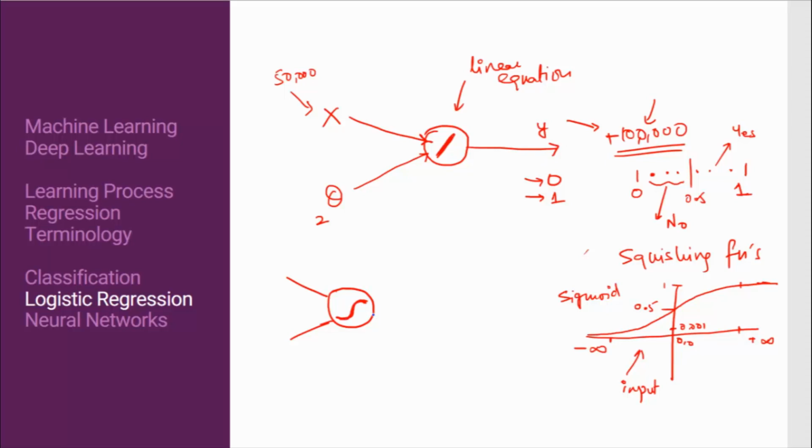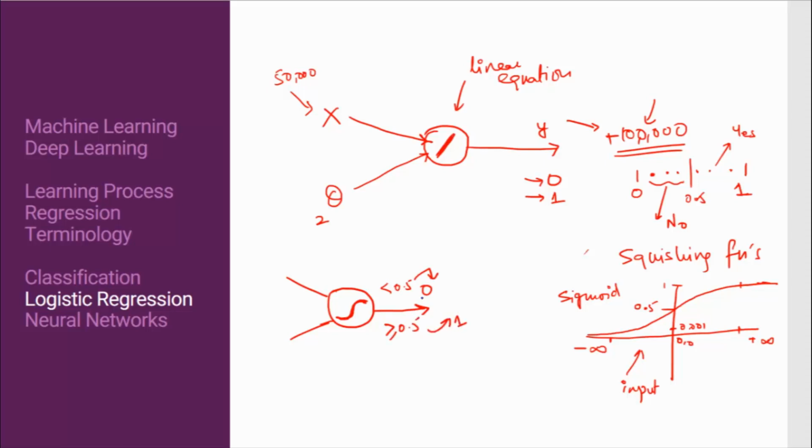Once we squish it, we're going to predict a 0 if this value after being squished is less than 0.5. If it is greater than or equal to 0.5, we're going to call it a 1.